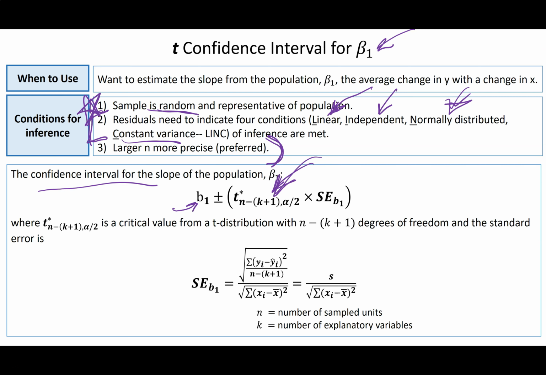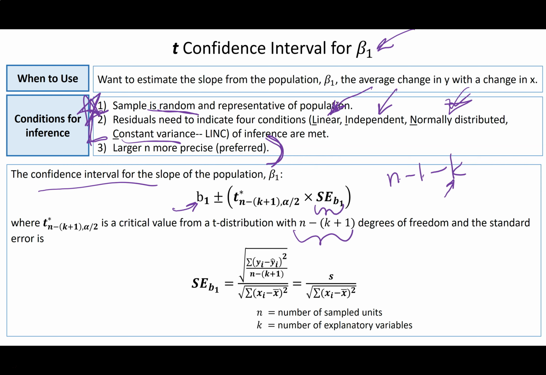So we have to find for our degrees of freedom, so n minus k plus 1. So it's n minus 1 by default, but then minus the number of explanatory variables that you've added. If you only have 1, there you go, there's 1 quantitative.